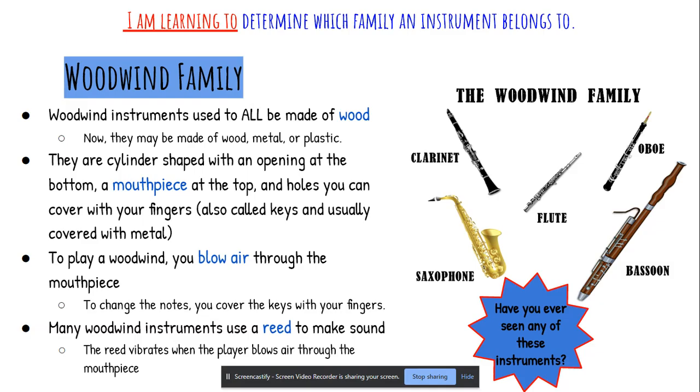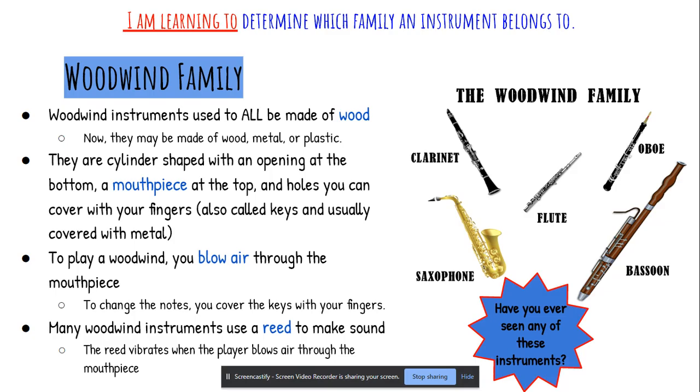The flute is the one exception to this rule. It does not need a reed to be played. You just blow into it and press down the keys and it makes sounds. The bassoon and the oboe actually have something that's really cool. It's called a double reed, which we will demonstrate in the video on the next slide.